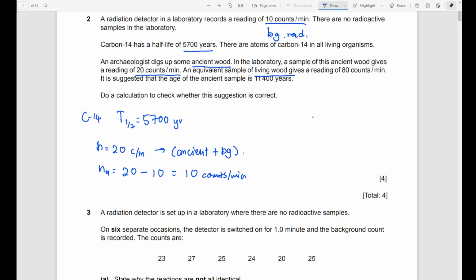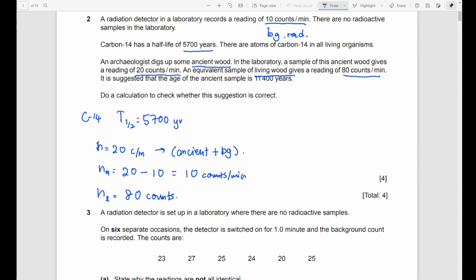If we have the same wood but it is a living wood, it will give a reading of 80 counts per minute. So n of living wood is 80 counts per minute. This reading is what we will get in our lab.